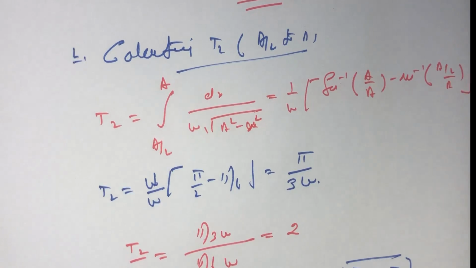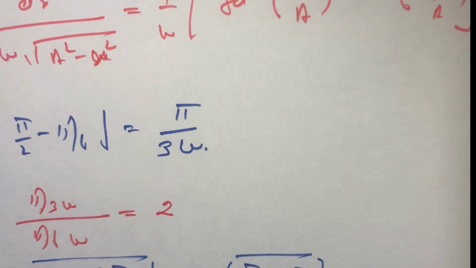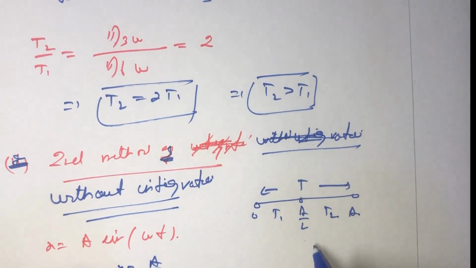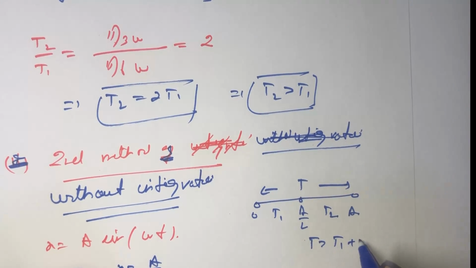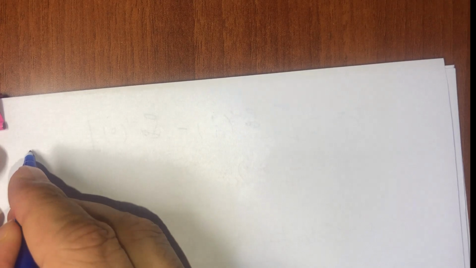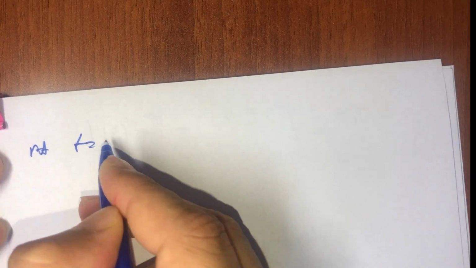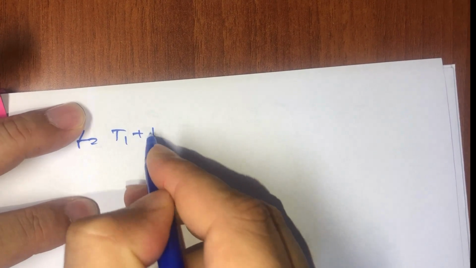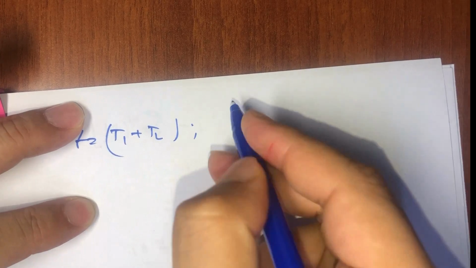Now we use that the total time t is equal to t1 plus t2. It means at t equal to t1 plus t2, x will be equal to a.